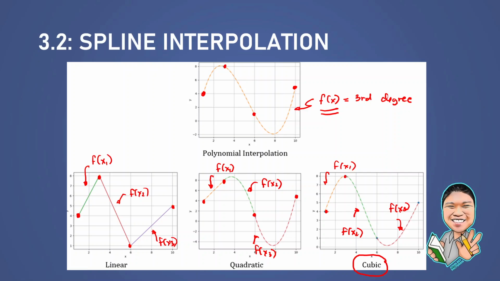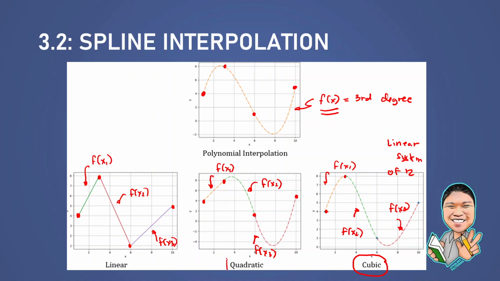For instance, sa cubic spline, bigyan kita ng hint, kailangan mo dyan mag-solve ng linear system of 12. Itong quadratic, kailangan mong mag-solve dito ng linear system of 9. So, malalaman nyo kung bakit 12 or bakit 9 equations yon. Kaya, yun yung kahirapan ng spline interpolation.